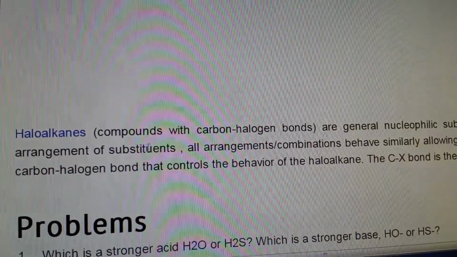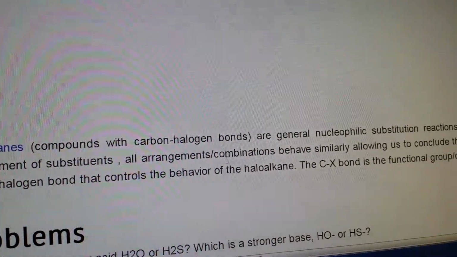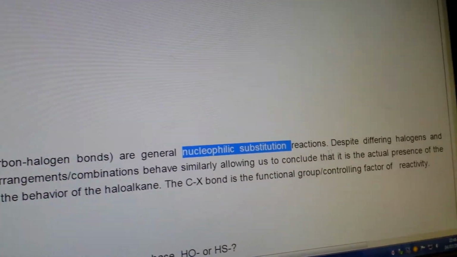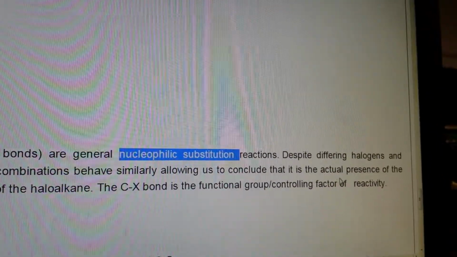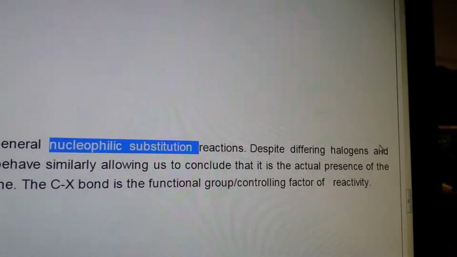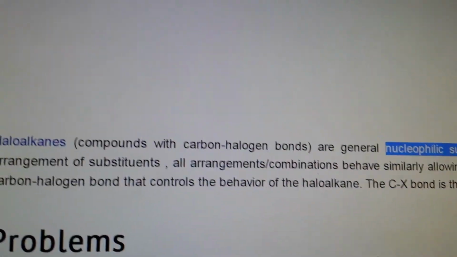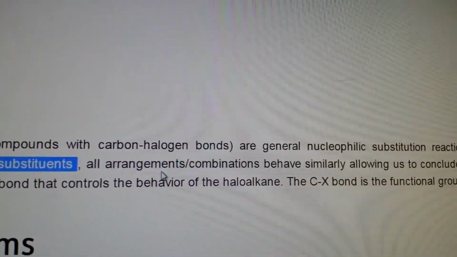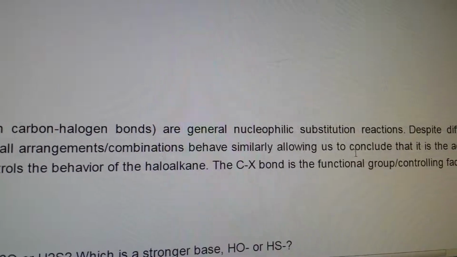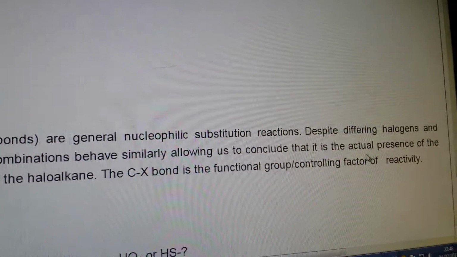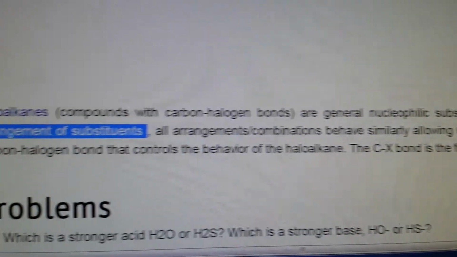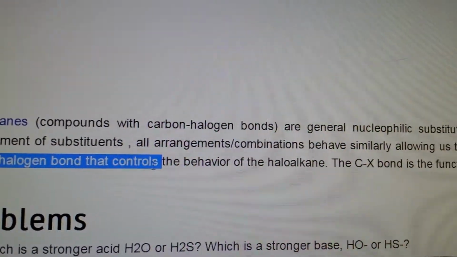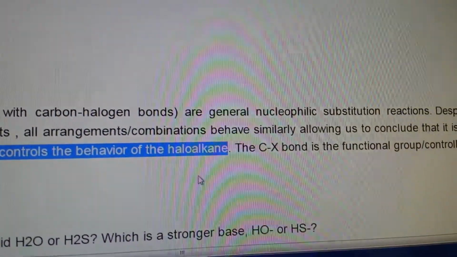Now we talk about haloalkanes. Compounds with a carbon-halogen bond generally undergo nucleophilic substitution reactions. Despite differing halogens and arrangement of substituents, all the combinations behave similarly, allowing us to conclude that it is the actual presence of the carbon-halogen bond that controls the behavior of the haloalkane.